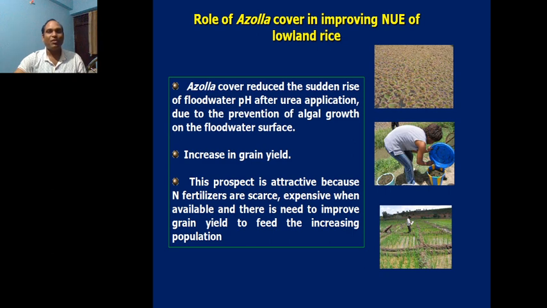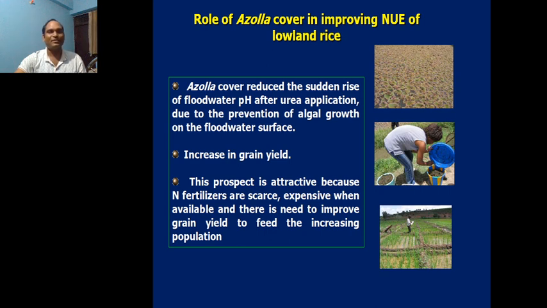Azolla is also one of the important components which significantly increases the grain yield and also fixes biological nitrogen within the paddy field. Azolla adds biomass, organic biomass, and also adds atmospheric nitrogen.